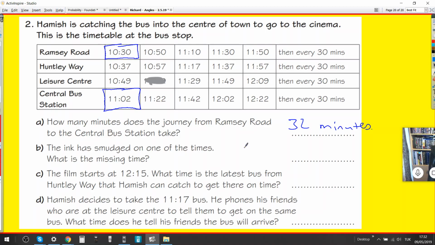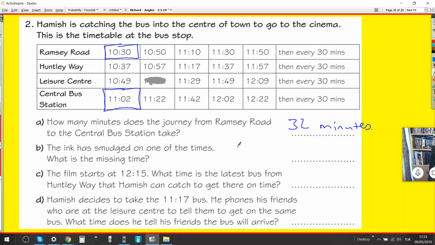So for the leisure centre, 10:49 and something, and then 11:29. I'd say, not sure.